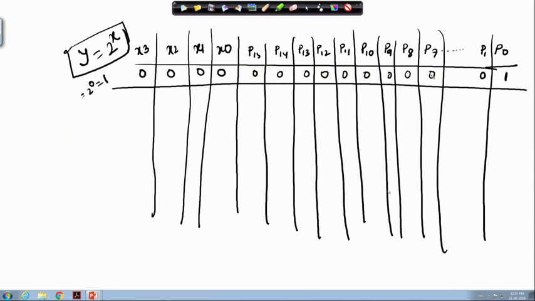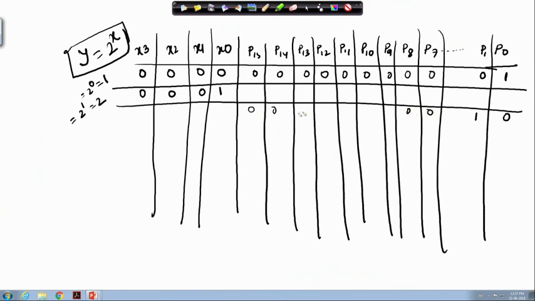For x equals 1, y equals 2 to the power 1, which is 2, so only the P1 position is 1 and the rest are zeros.